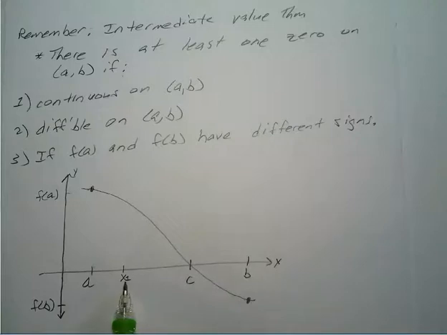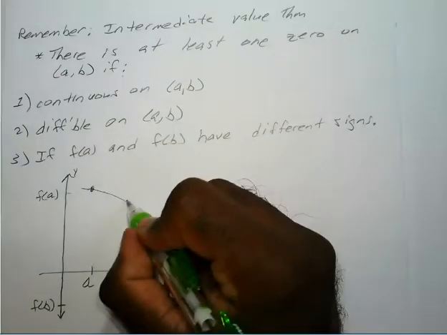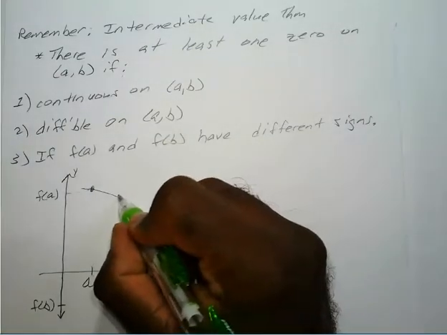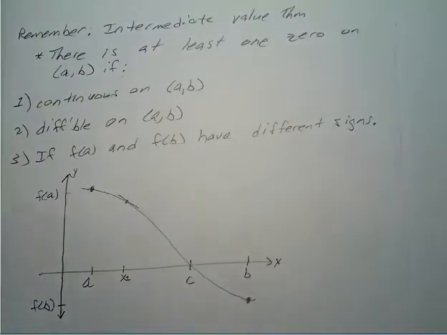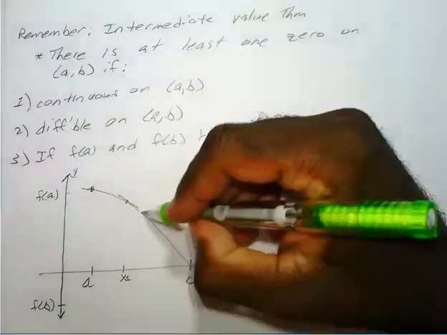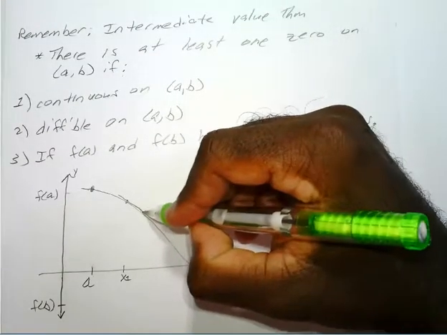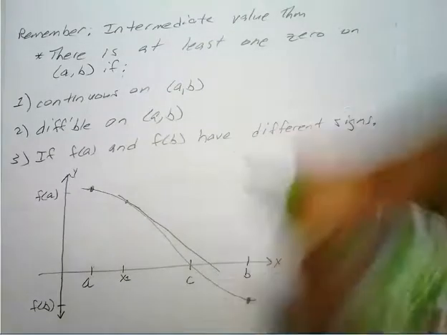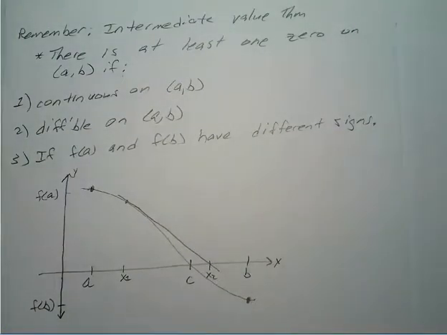We don't know what that value is, but we know it's between A and B. At that point, we know the slope looks something like that. So it gives us an estimate, because that slope, if it keeps going down and down, is going to cross at some point that we will call x number 2.